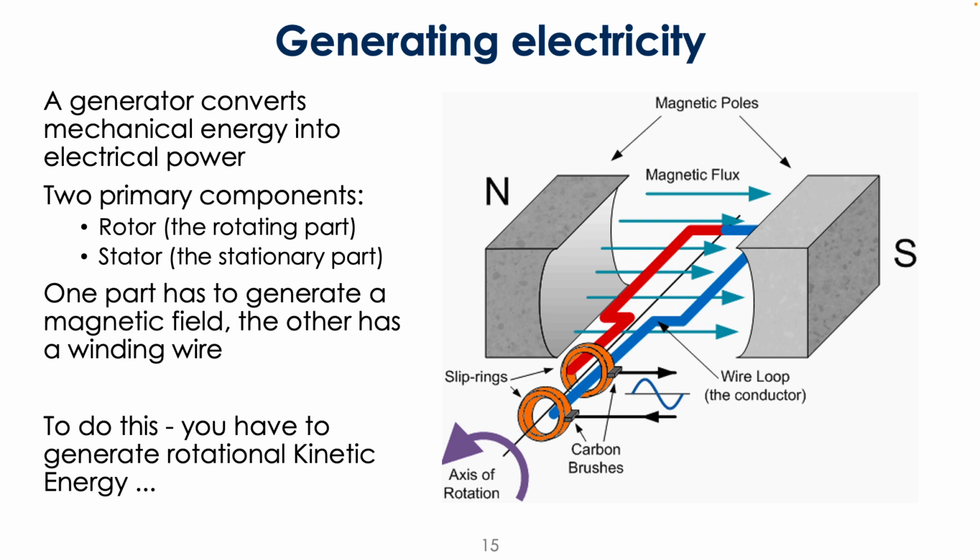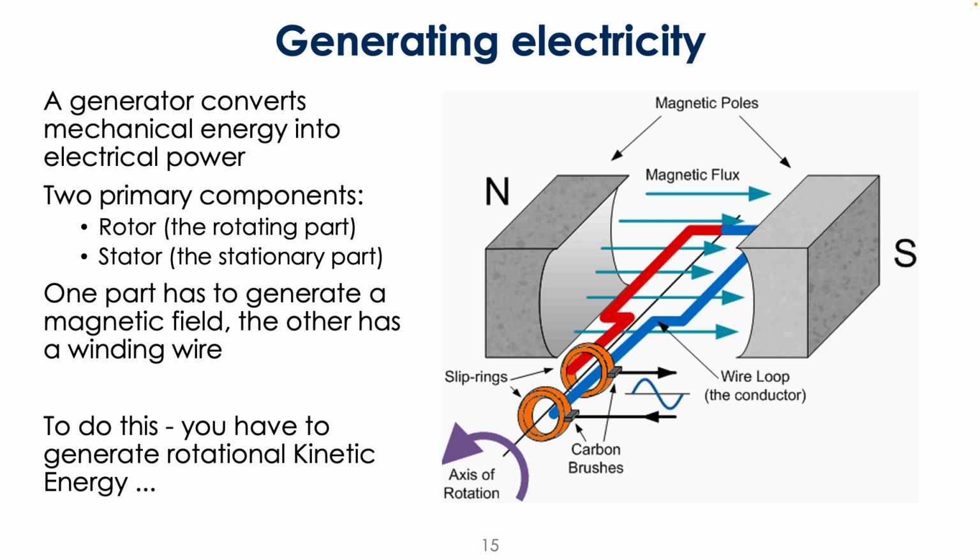You could have the magnet moving, or you could have the wire moving, but one part has to be in motion while the other part is stationary. And so there's a magnetic field, and if you move the coil through the magnetic field, then it will essentially cause electrons in the wire to move, and that is what electricity is. Okay?